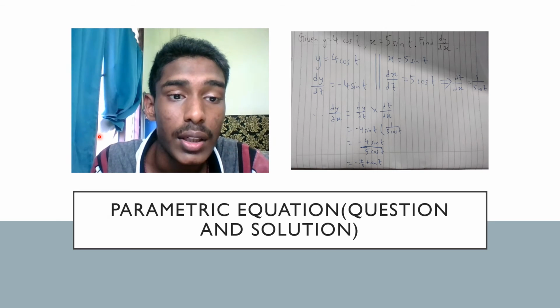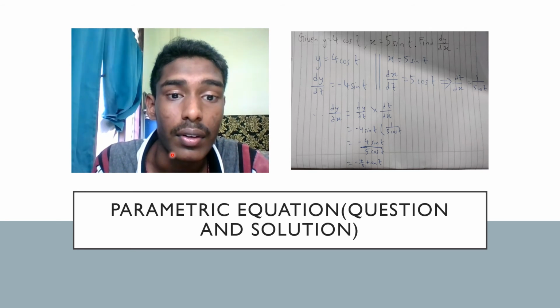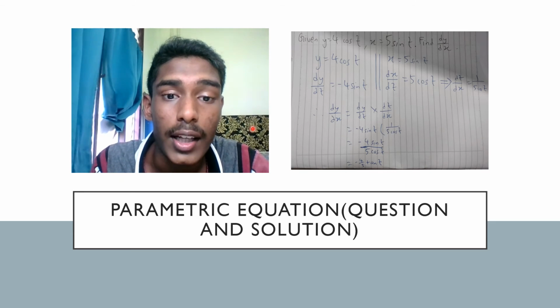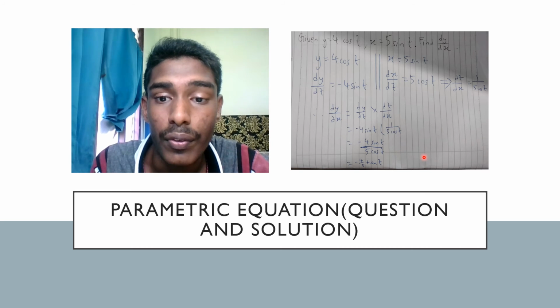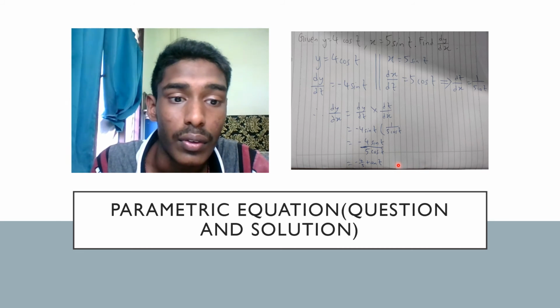Differentiate this equation in terms of t, you get -4 sin t. Next step, x equals 5 sin t. You differentiate in terms of t from the x equation, you get 5 cos t. When you flip it upside down, dt/dx equals 1 over 5 cos t.